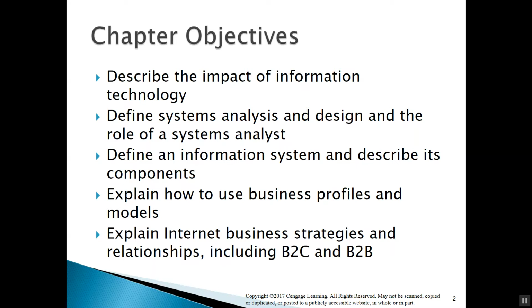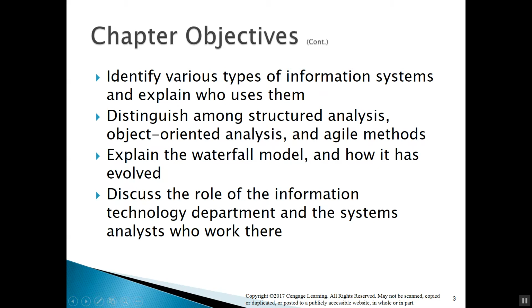We're going to be able to explain how to use business profiles and different models. We're going to explain business internet strategies and relationships, including B2C and B2B. We've also got the ability to identify various types of information systems and explain who uses them.